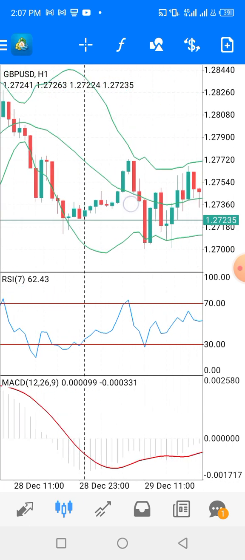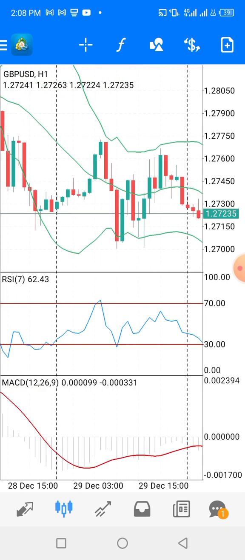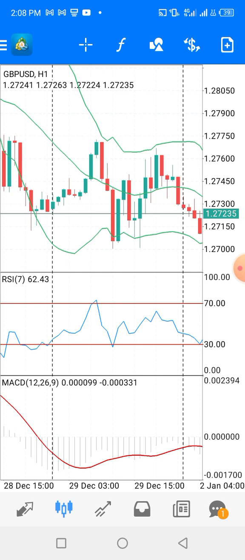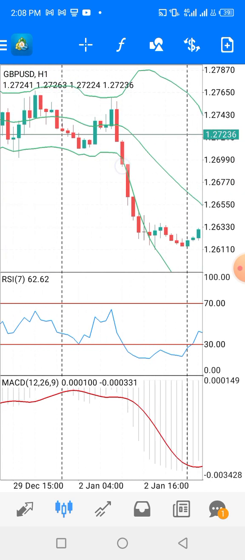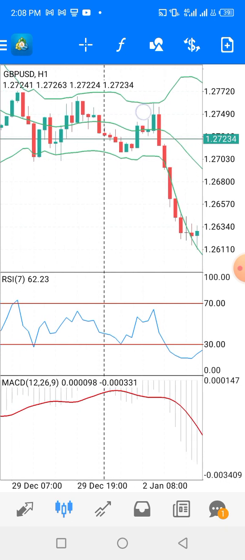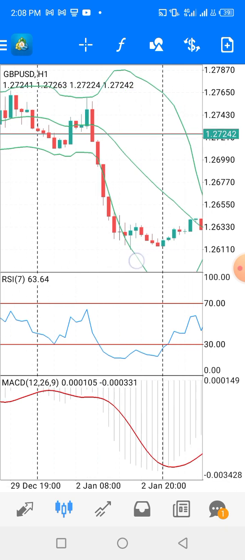So you wait again for our next entry. Did it touch this level? No, it did not touch. Yes, here it touched this level, so here we can put our sell entry. When we put our sell entry over here, it just came straight to TP.